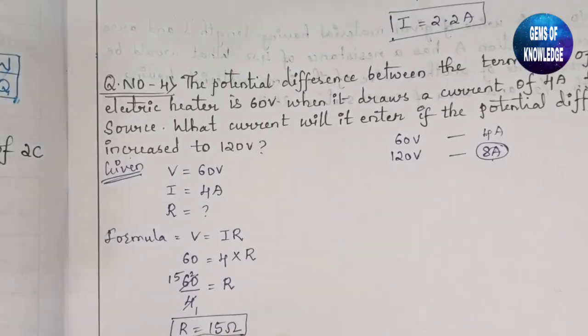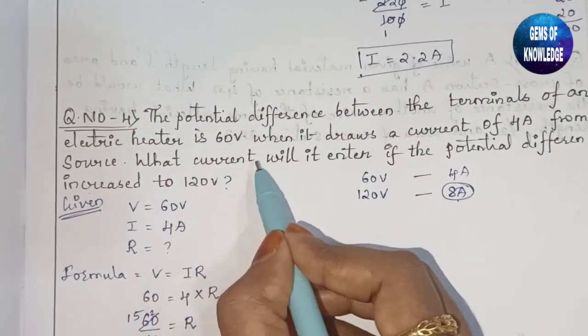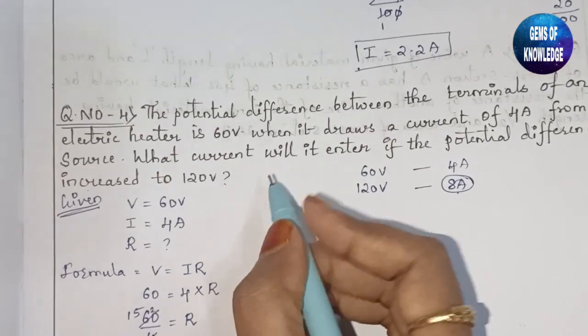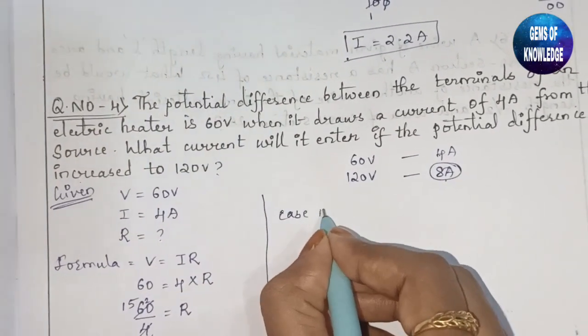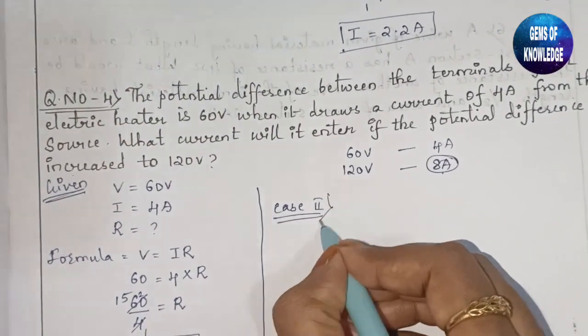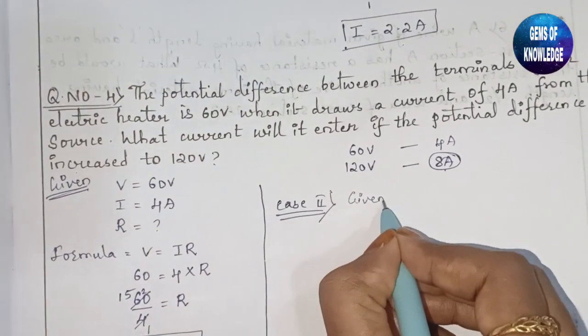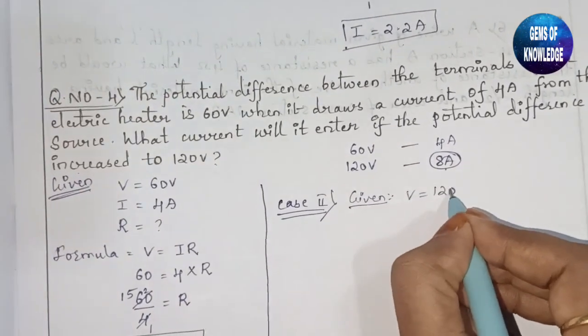Now we got the resistance. What we need to find out here is the current in the second case, case 2. In case 2, they have given us only V is equal to 120 volt.